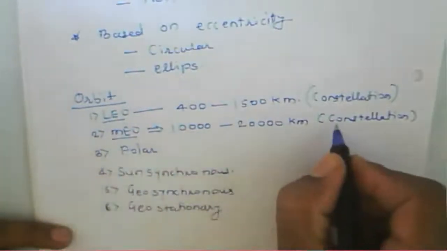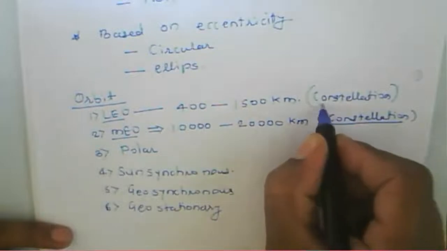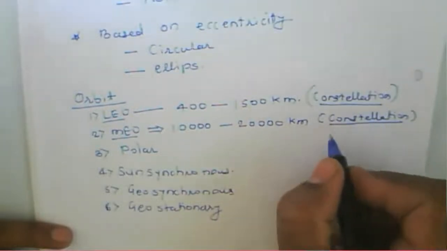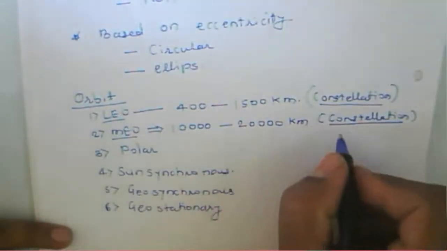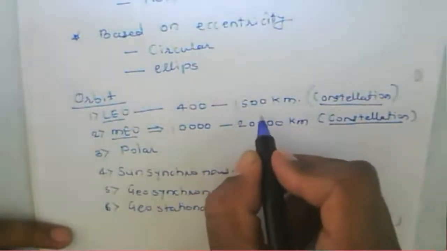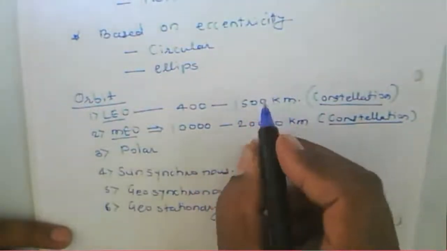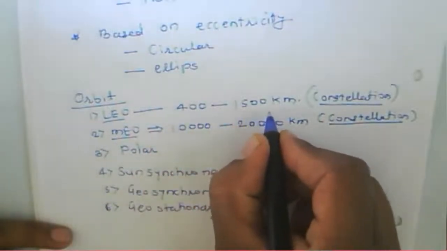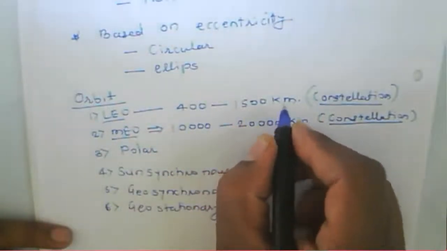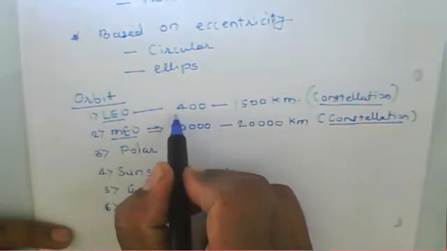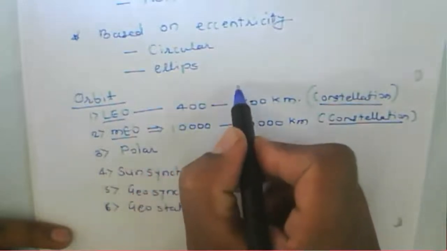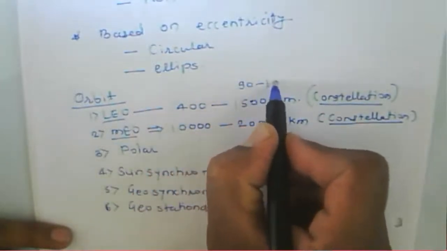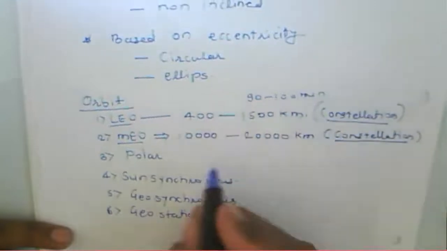So multiple satellites are to be launched so that they form a constellation of satellites. And here the altitude is low. Due to the low altitude, the period of this particular satellite will be around 90 to 100 minutes.